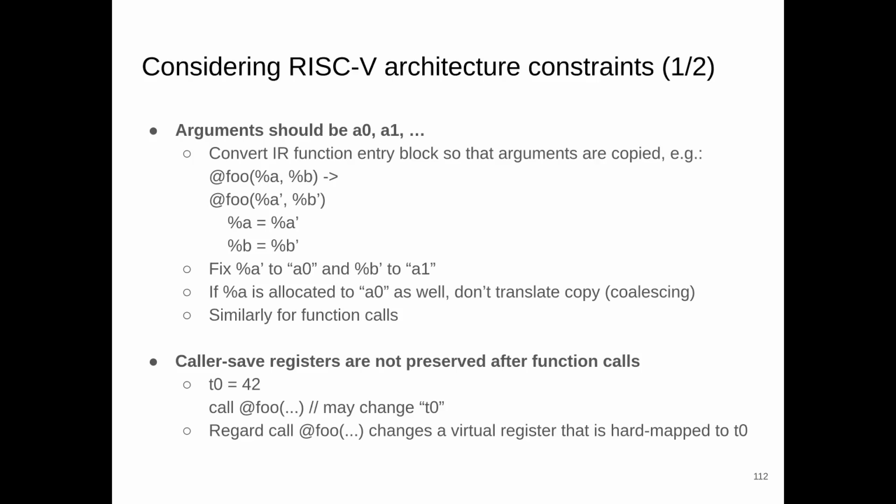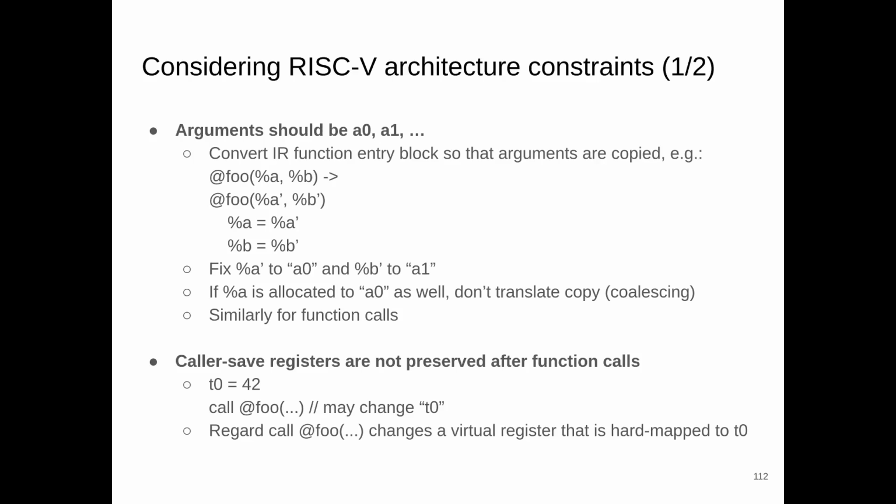So we need to somehow express that idea inside the coloring algorithm, right? And we need to regard the call to function foo as changing a virtual register that is correlated to T0.